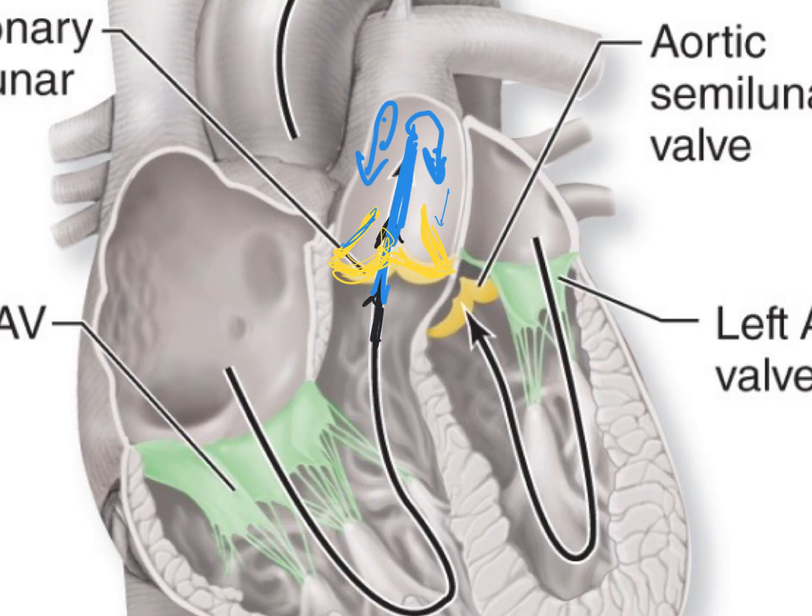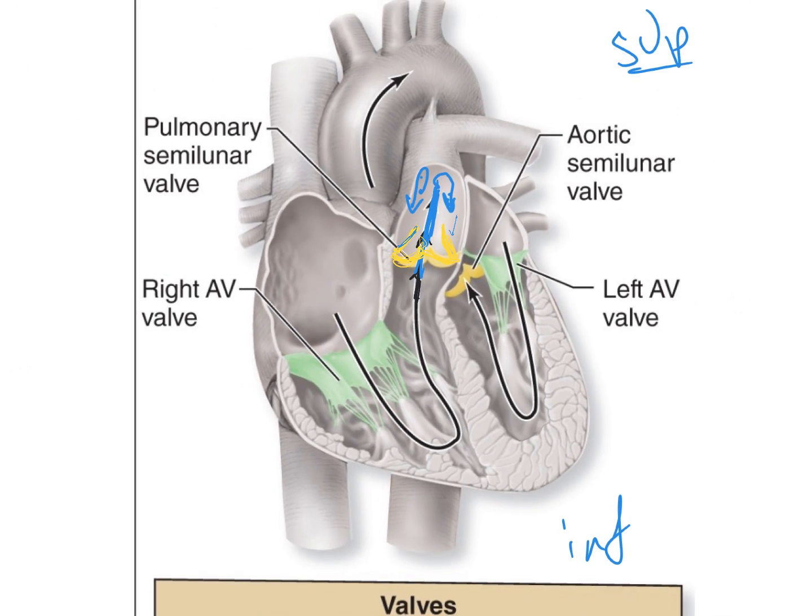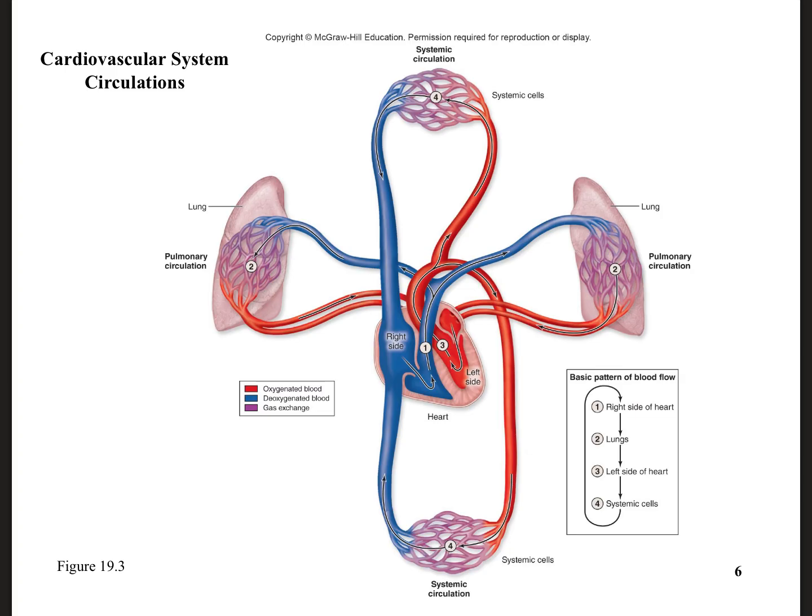So very little blood actually flows back because of the force of ejection that's there. So two types of valves, AV and semilunar valves. Here are your pulmonary and systemic circuits. All right, the pulmonary circuit starts at the right atrium.